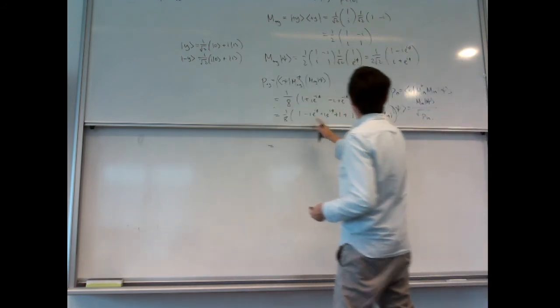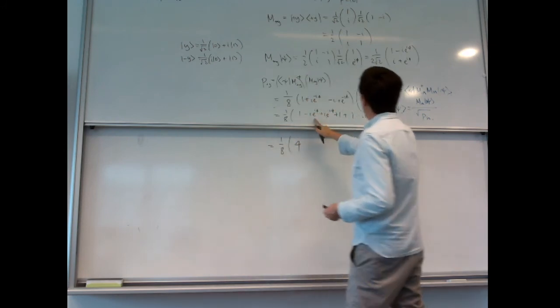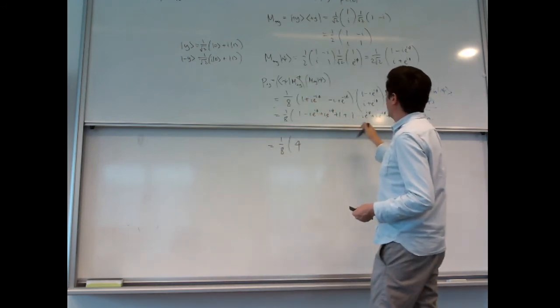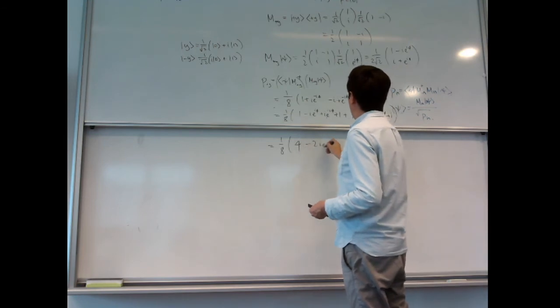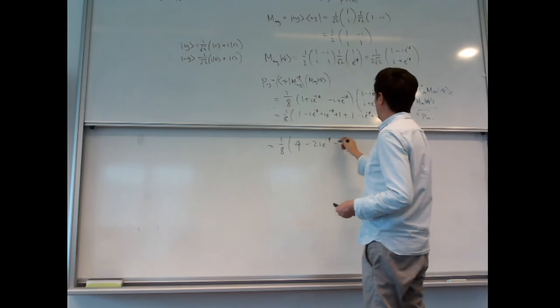Okay, so there's 4 ones, 4 and minus 2i e to the i phi, and there's 2 of these ones.